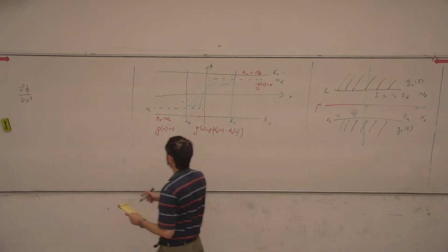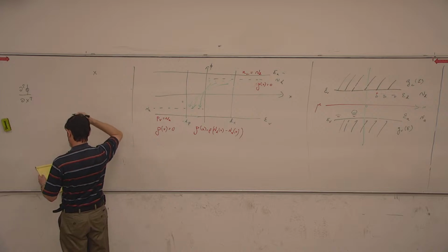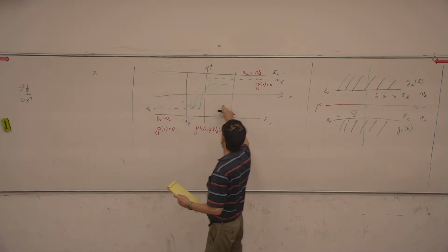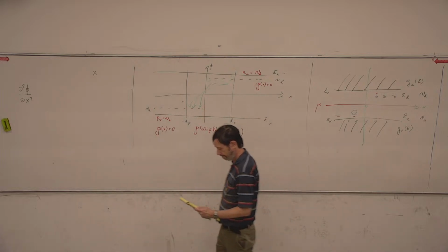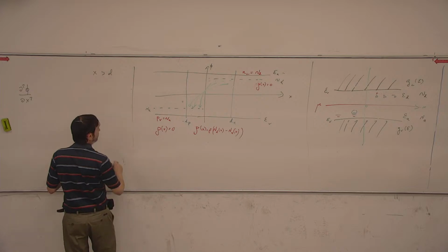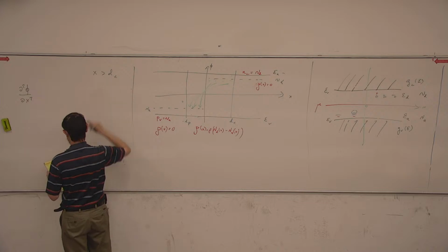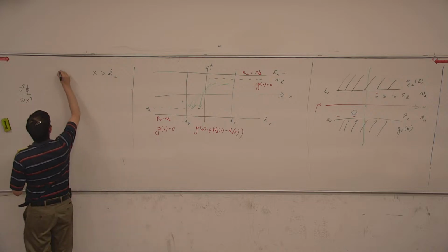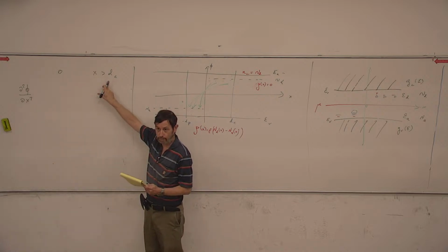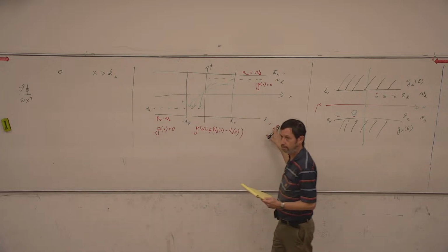So, I have here one, two, three, four regions. In this region we have no charge, right? If x is larger than dc, no charge.